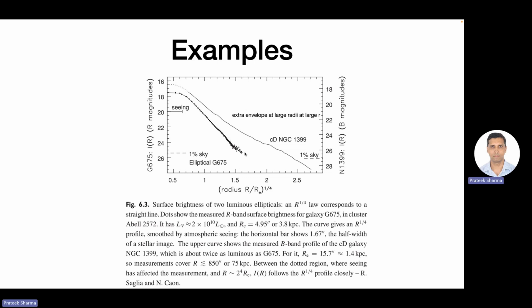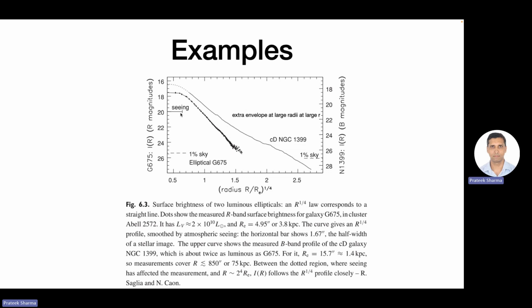So the straight line here would be a de Vaucouleurs fit to an elliptical galaxy. So this is an elliptical galaxy, and it looks like a good exponential fit. The inner part becomes a core. It becomes horizontal, and part of this is because of this thing called seeing that we were talking about.